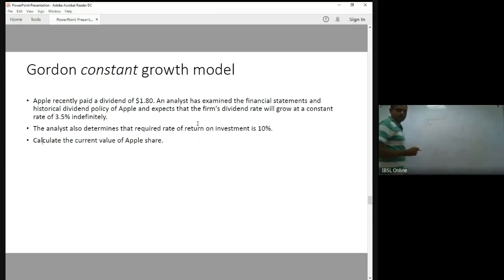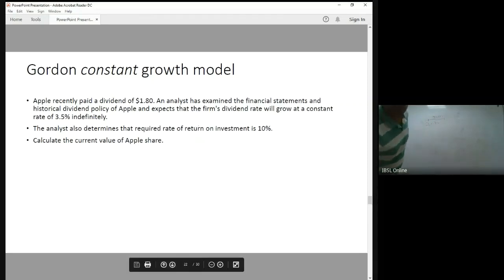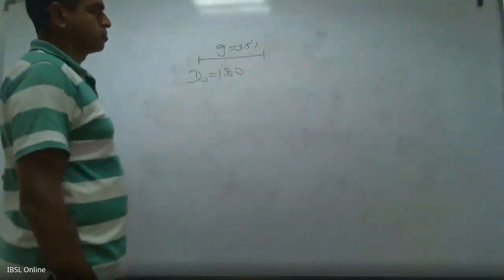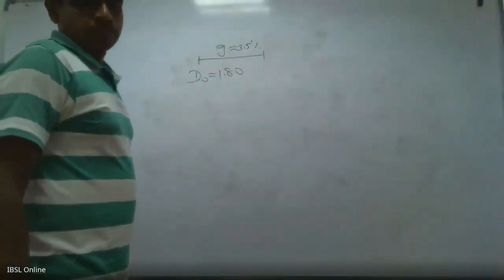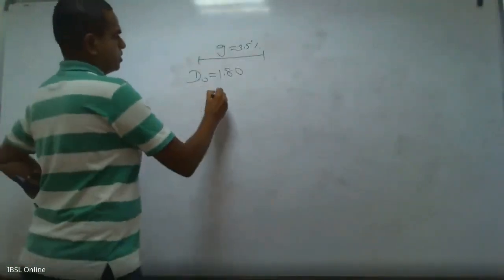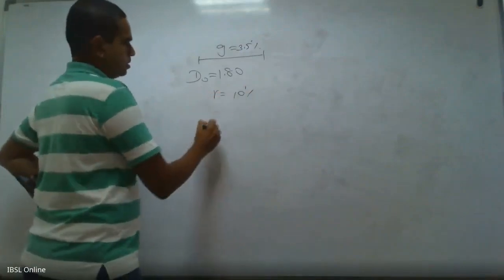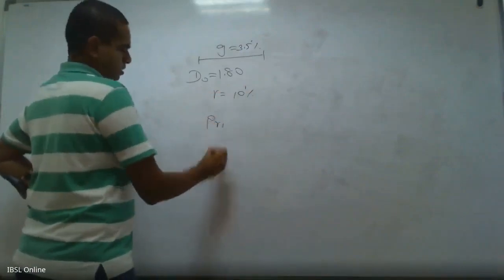Dividend will grow at, sorry, a constant rate of 3.5%, and the required rate of return is 10%. He has to calculate the intrinsic value.